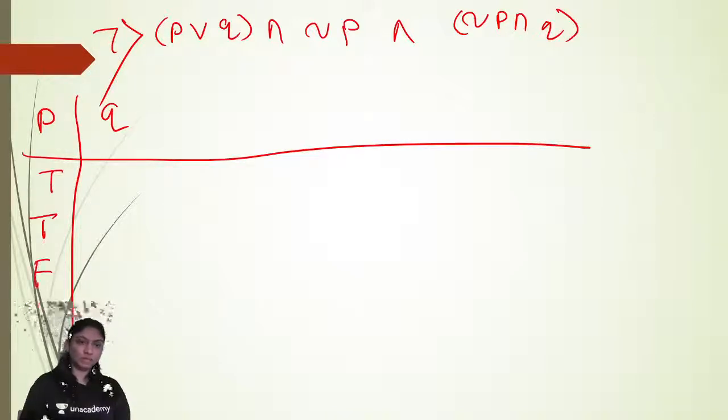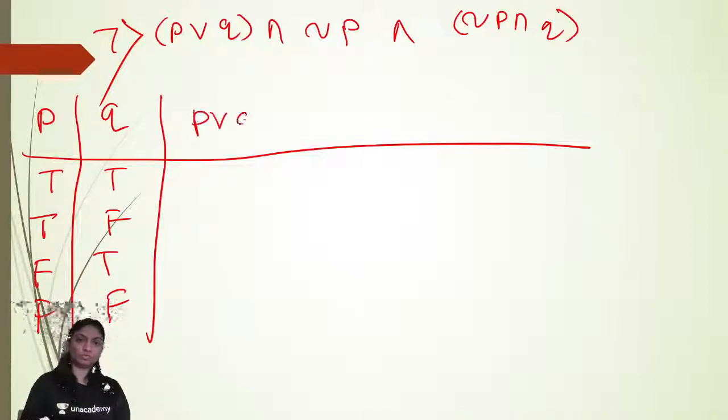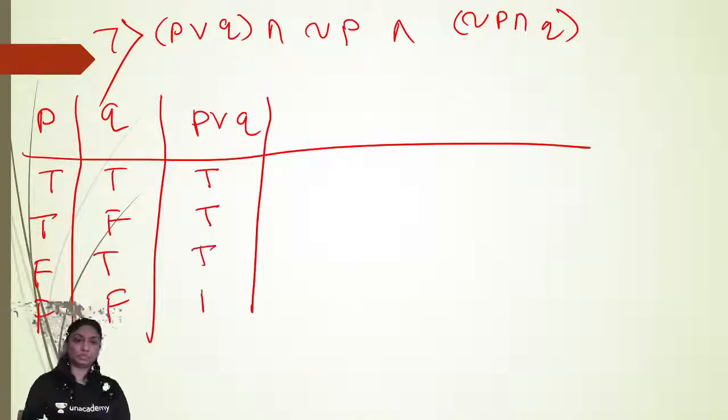P, Q: T, T, F, F, T, F, T, F. P or Q: both are true, then true. Any one of them is true, true. Both are false, then only false.